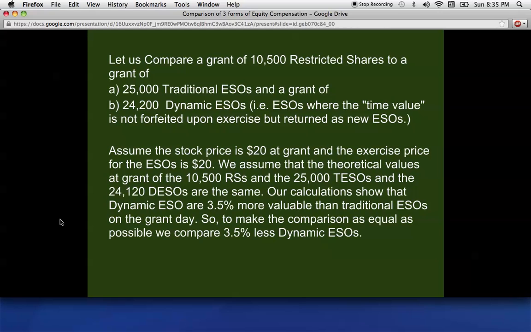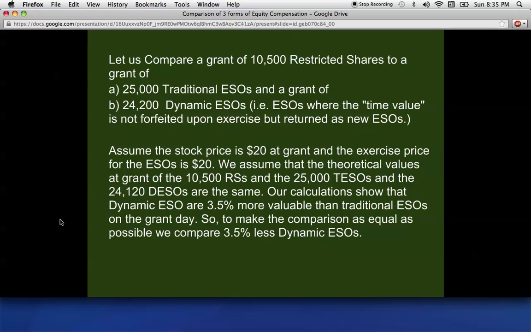Okay, assume the stock is 20 at the grant and the exercise price for the ESOs is 20. We assume that the theoretical values at grant of the 10,500 restricted stock is equal to the 25,000 traditional employee stock options and 24,120 dynamic employee stock options.